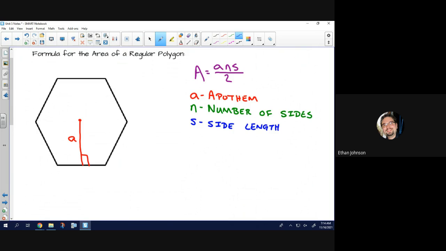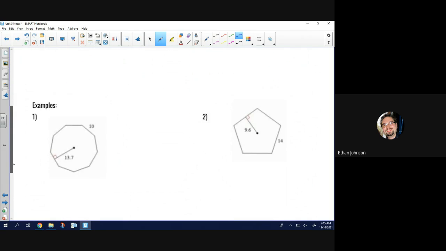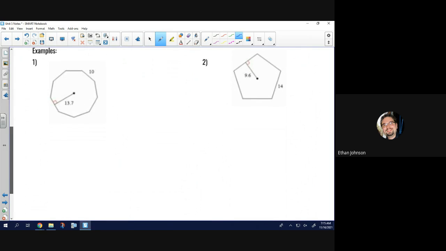So let's look at a couple examples. Now, when I see a polygon, just like how we had for a right triangle where we labeled sides, I'm automatically going to, off to the side, put A equals, N equals, S equals. So this way I can put my things where I see them. So A is our apothem, so the distance from the center perpendicular to an edge.